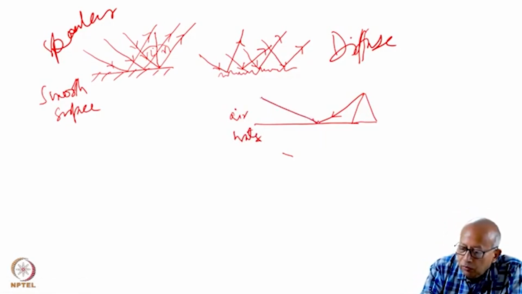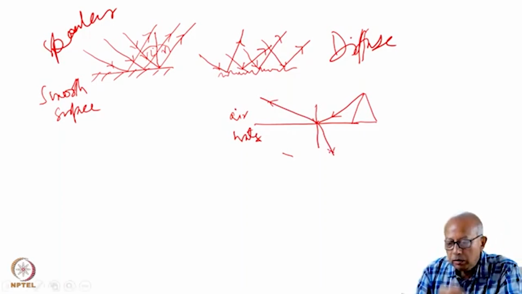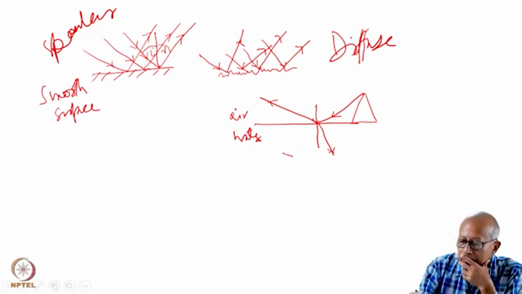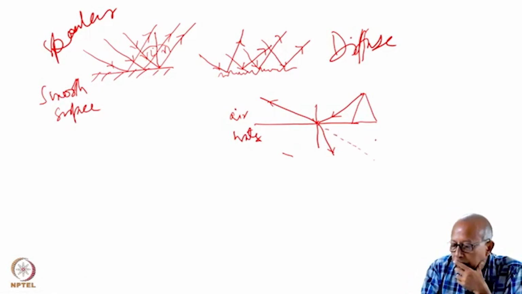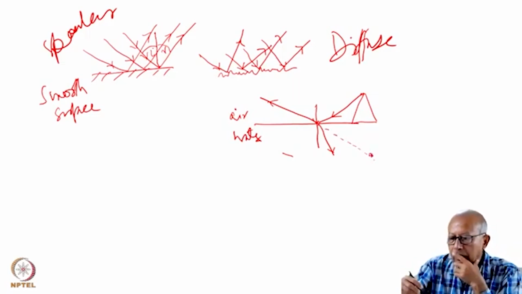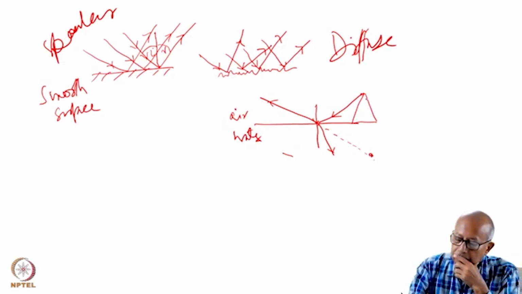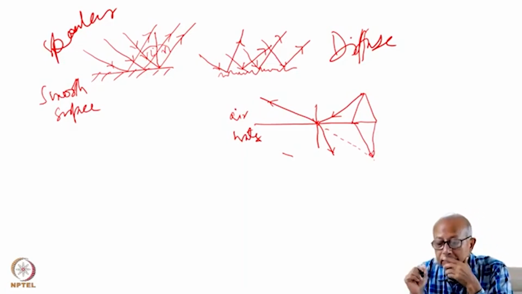So part of the light will be reflected, the remaining part will actually be transmitted to the water. So the image of this would actually be formed here under the water. And if you take all the points of the image, it will be somewhat like this.